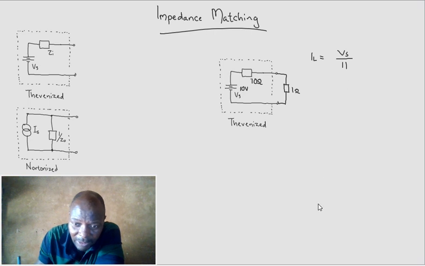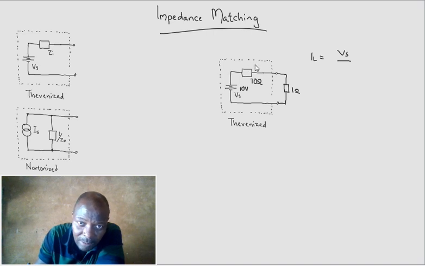Let me rather say V in over R of the system, R Thevenin, plus R load. This is our RL. We keep changing the value of RL in our experiment.